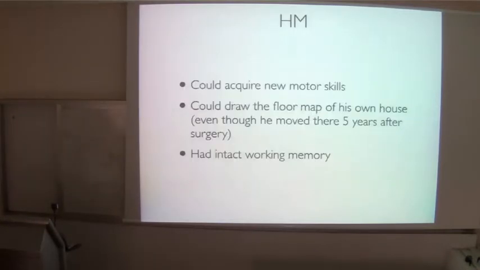In summary, he could acquire some new motor skills. He could even, and this is a very surprising thing that caused a lot of debate, draw the floor plan of his house, even though he moved to the house five years after the surgery.